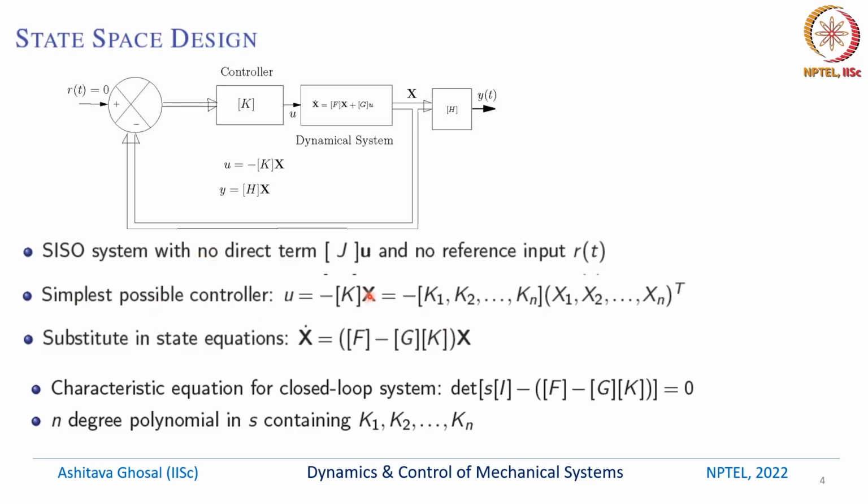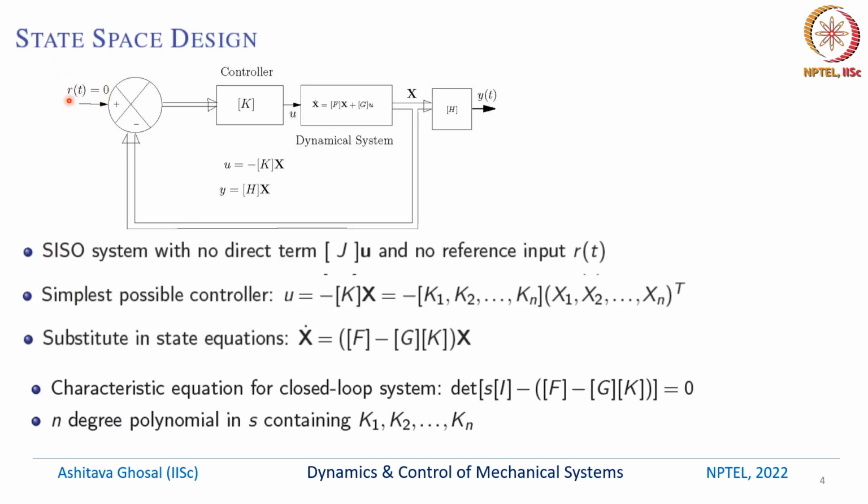The simplest possible controller could be u equals minus kx. So x's are the state variables. So k is a matrix of k1, k2 all the way till kn. We also remember that these are linear systems. These are single input, single output systems.